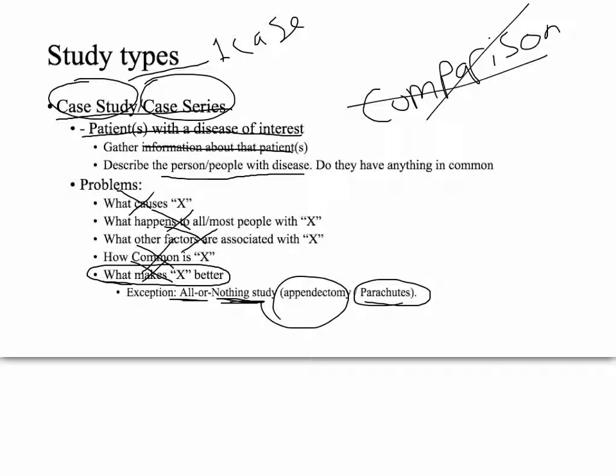And then when they started doing appendectomies, everybody got better. So you really didn't need to go beyond a case study or a case series to show that appendectomy was a great treatment. And likewise, if this person jumped out of a plane, he had a parachute on, he survived. It beats everybody else that died without the parachute. You don't really need to do a comparison study whenever everybody who jumps out of the plane with the parachute survives.